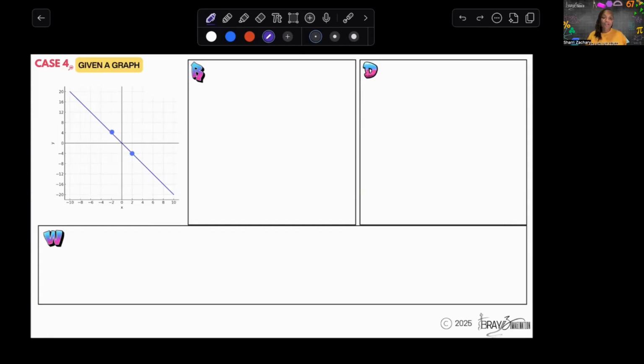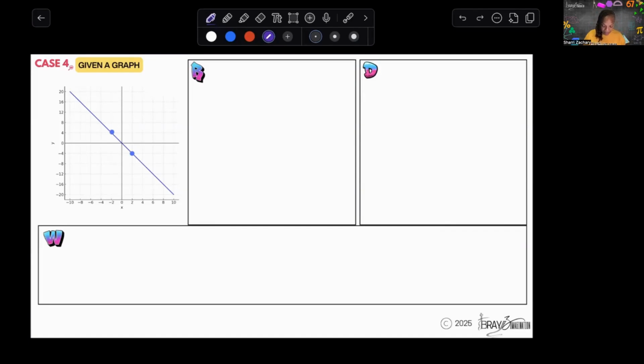Now, let's just say those points weren't there. Then I'm going to look to find points along this line where the x and y coordinates intersect. Okay, so I can just go along the graph and find points that would be represented on this line if those points weren't there. But since we have them labeled, I'm going to use the ones that are there.